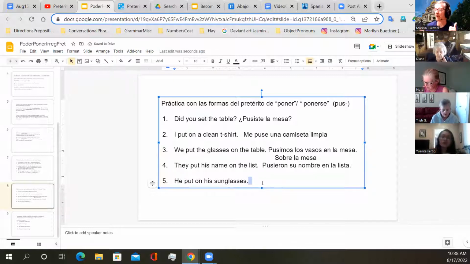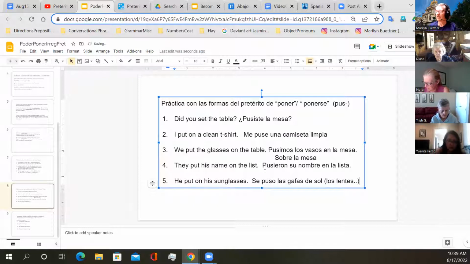Okay. Fantástico. Oh, he put on his sunglasses. Now we need ponerse. We have to have ponerse. So we need las gafas del sol. Se puso las gafas de sol, or it might be los lentes.